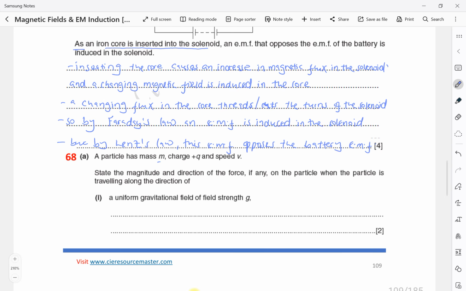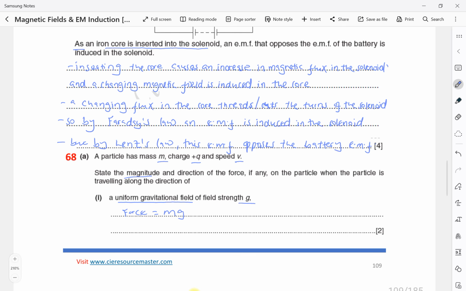A particle has mass m, charge positive q, and speed v. State the magnitude and direction of the force, if any, on the particle when the particle is traveling along the direction of a uniform magnetic field of field strength B. So a particle has mass, so the force is given by m times g in a gravitational field.